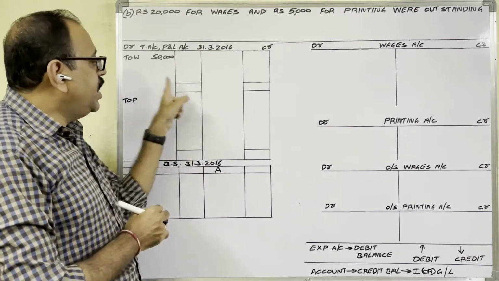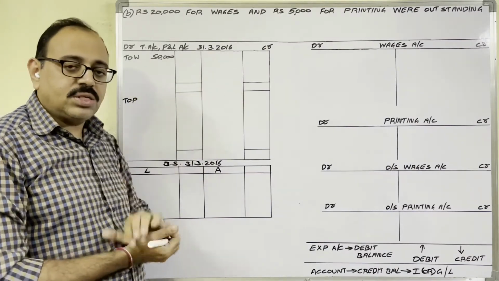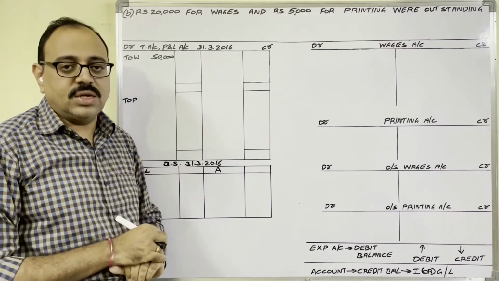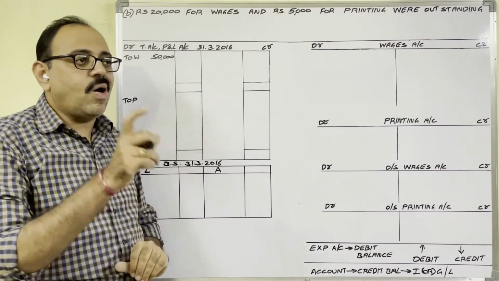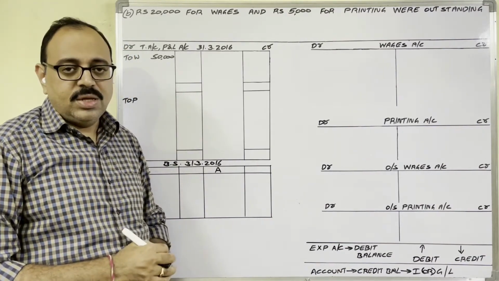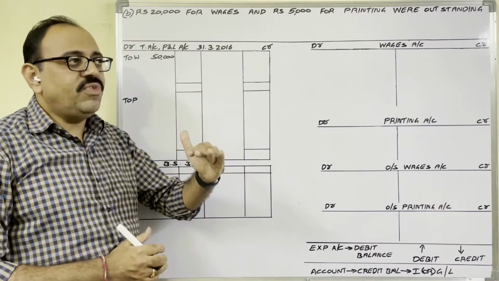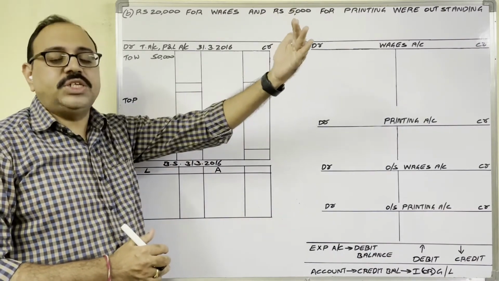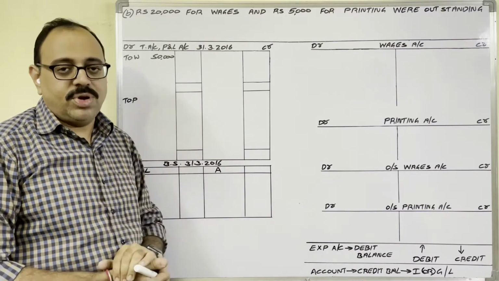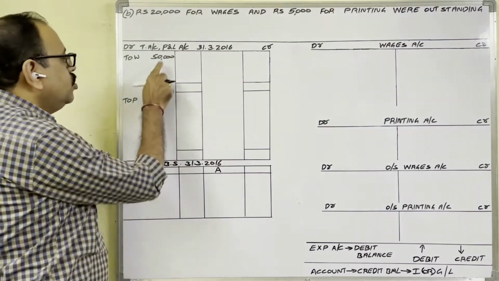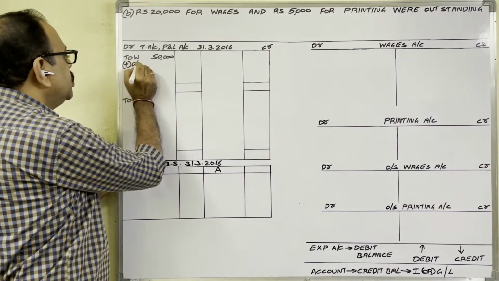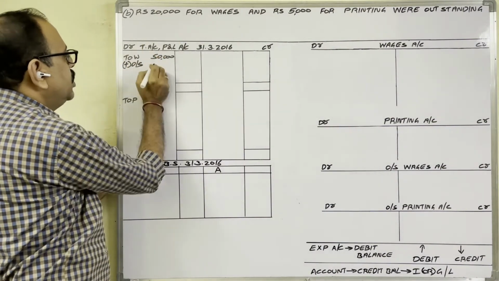We prepare the trading account to know the gross profit or gross loss. If you want to know the current year gross profit or gross loss, all expenses and all incomes of the current year should be recorded in the current year accounts only. Therefore, even though we pay this 20,000 wage next year, we have to show that outstanding expenditure in the current year. So to this 50,000 we add outstanding wages of 20,000 rupees.